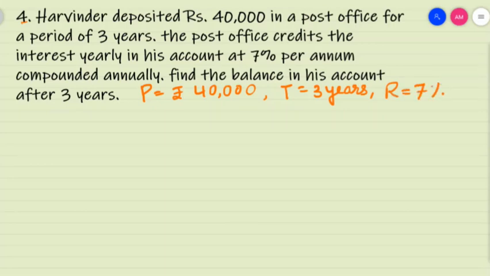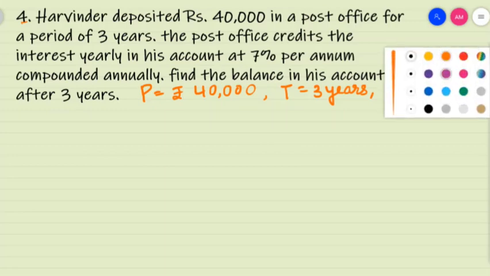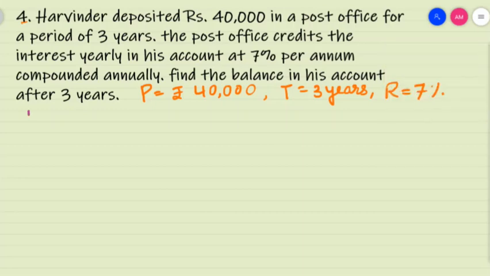So here what we can do is calculate interest every year. Interest for the first year: the principal will be 40,000. We will begin with 40,000, so 40,000 into rate 7% into 1, divided by 100.